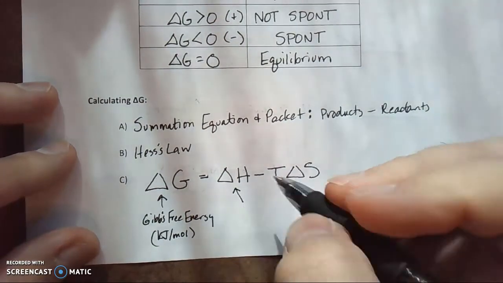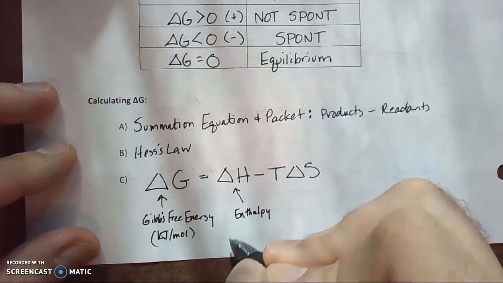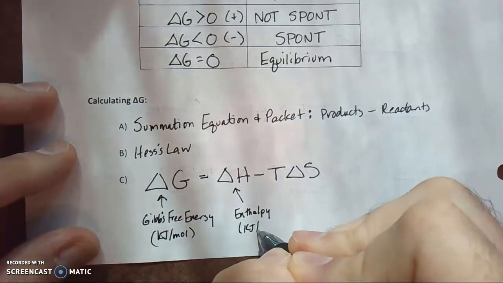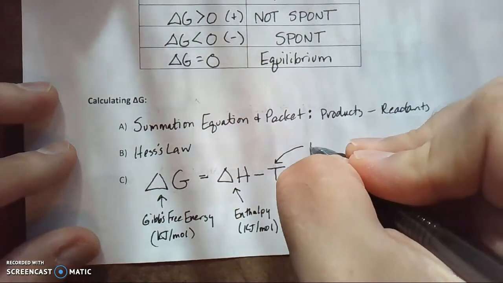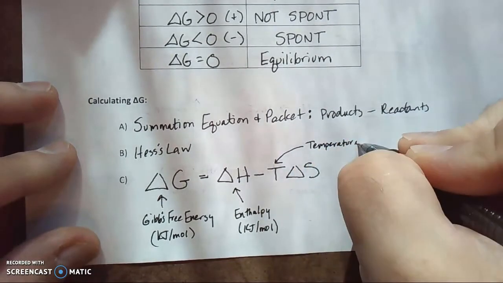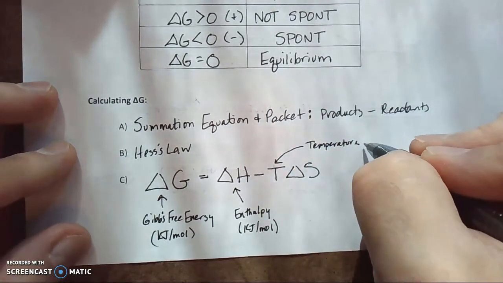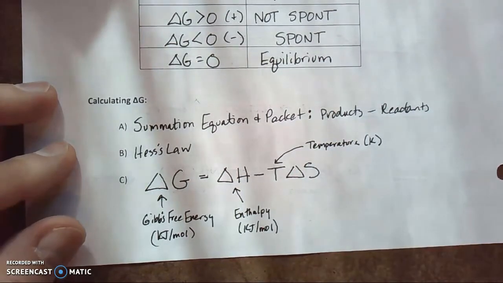Delta H is our enthalpy change. The units on this have been kilojoules per mole. T is temperature, and it must be in Kelvin. So you have to change it.